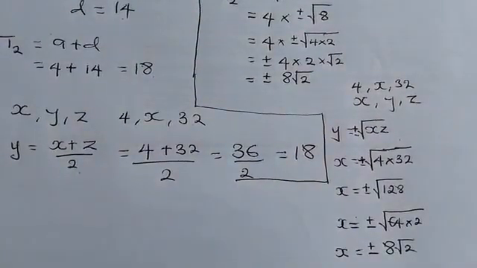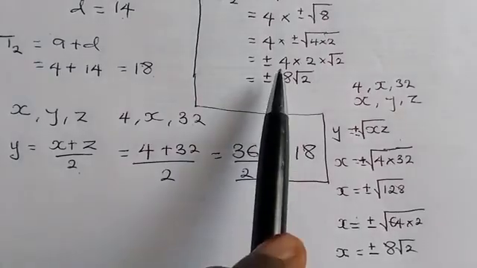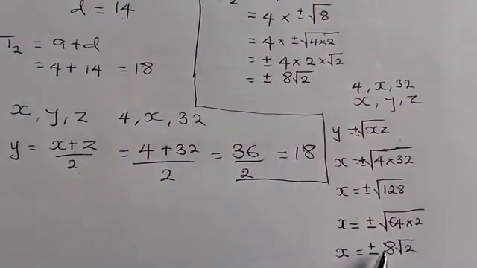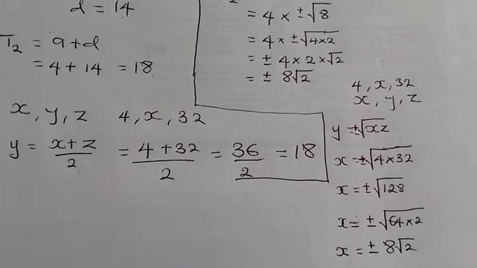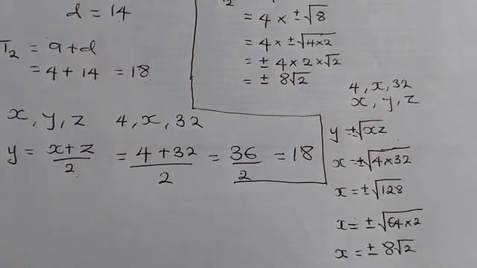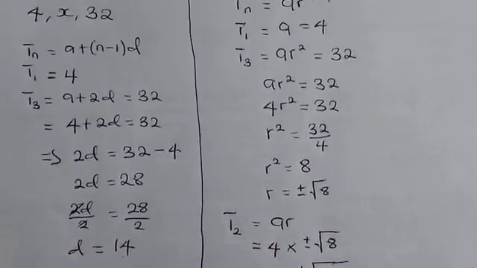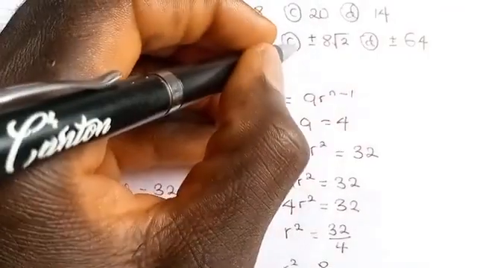So you can see that whether we use that first method or we use the geometric mean, we'll arrive at plus or minus 8 root of 2 as the value of x if the sequence is geometric. So this plus or minus 8 root of 2 corresponds with option C.